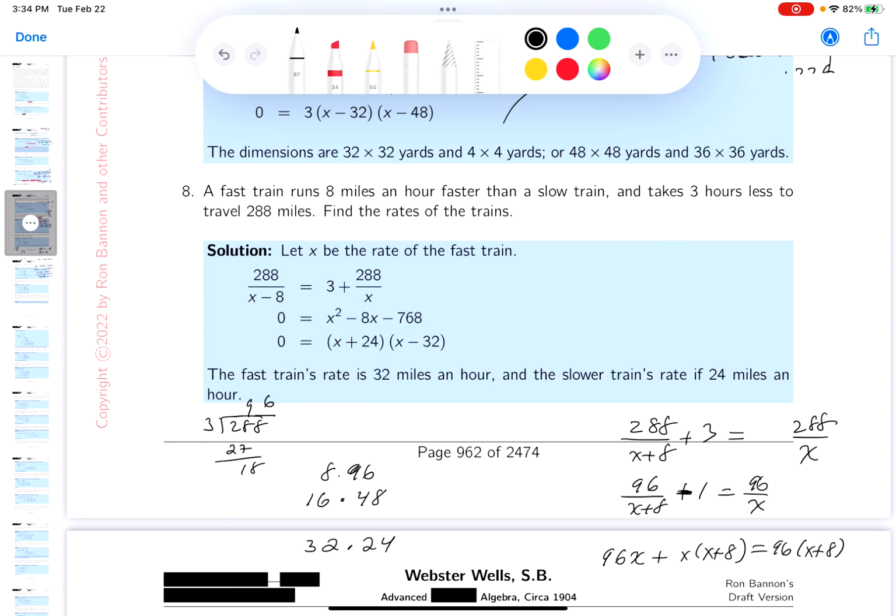I'm sorry, that's the rate of the slower train. I misspoke. So 24 miles per hour for the slow train, and the fast train is going to be 8 miles per hour faster than that, 32 miles per hour for the fast train.